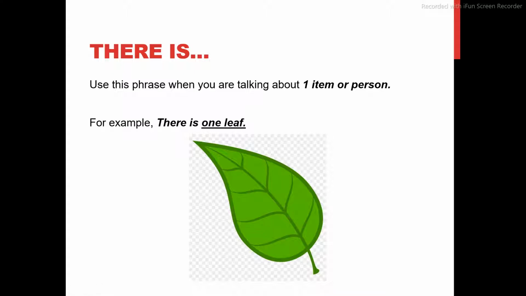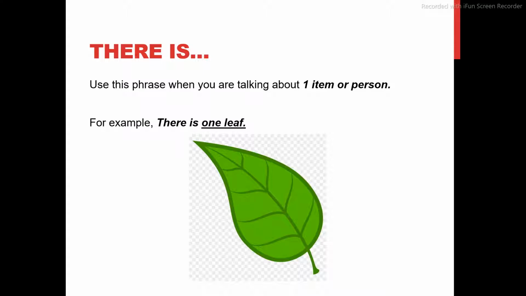There is. You use this phrase when you're talking about one item or one person. For example, if we look at the picture, it's a picture of a green leaf. If I were to ask how many green leaves are in this picture?